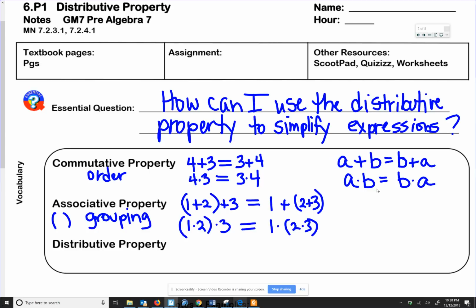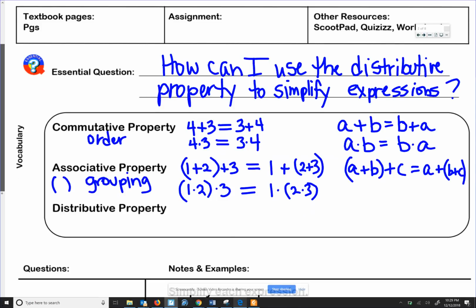Algebraically, using variables a and b, here's what I can say. A plus b, two numbers represented by these variables, plus c is always going to have the same value as, starting with my first variable a plus parentheses, the quantity b plus c. Okay. Same thing for multiplying.